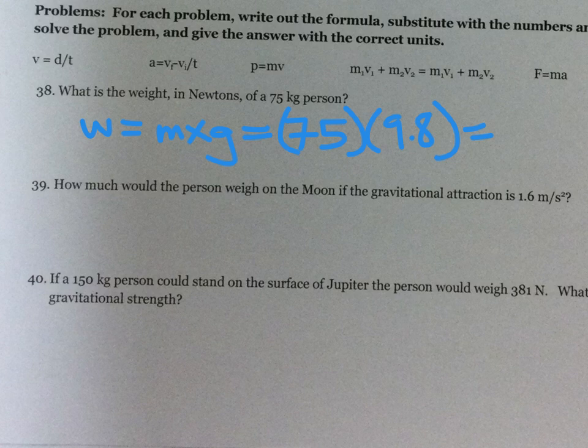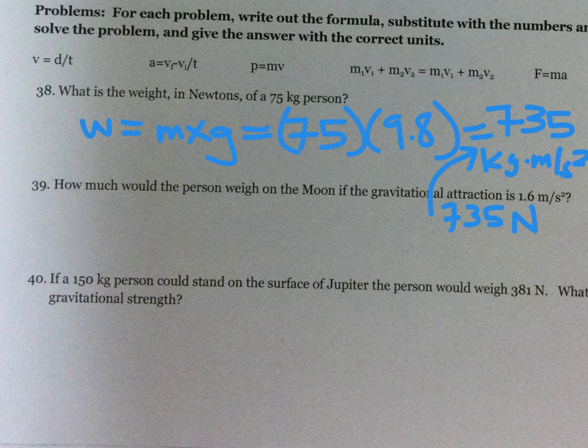So our answer, if you put that in your calculator, is 735 kilogram times meter per second squared, which remember is newtons. So the answer for this one should be 735 newtons for the weight.